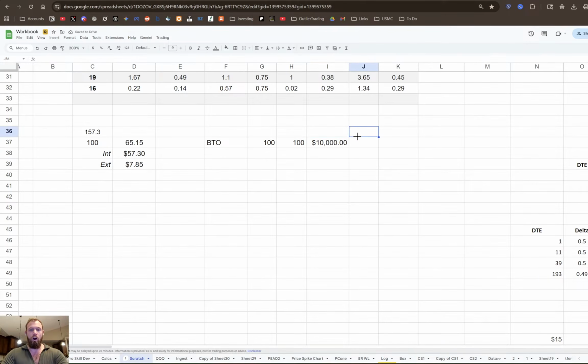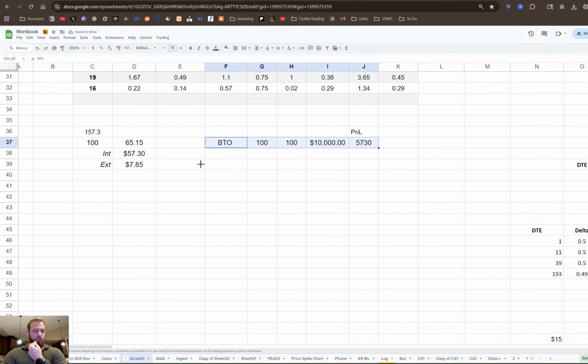And the current unrealized P&L here is literally just your intrinsic value. So it's how far in the money you are times your size. That's your unrealized P&L.